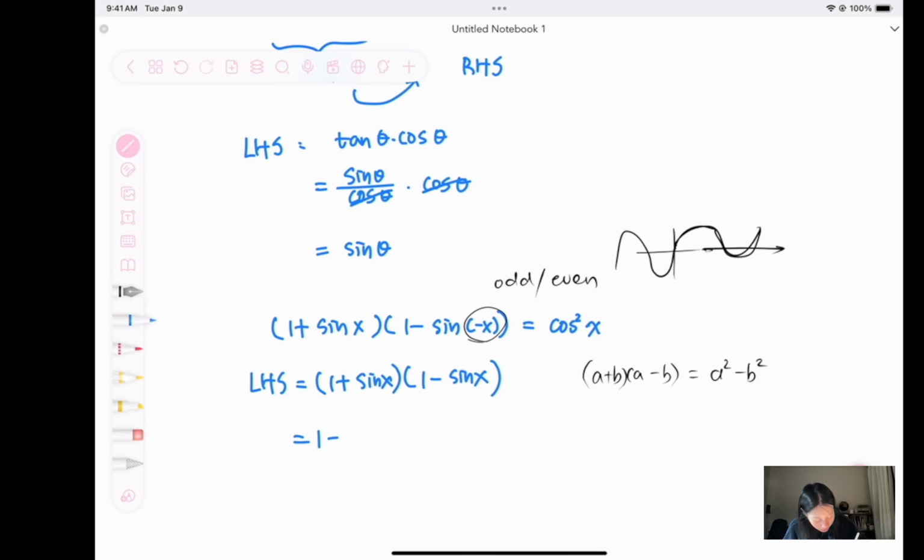So I end up with 1 minus sine squared. And the 1 is equal to what? Pythagorean identity: cosine squared plus sine squared. That's equal to 1, and then minus the sine squared. These two cross cancel. You will just end up with the left hand side simplified down to cosine squared, which is equal to the right hand side, right? And then we're done.